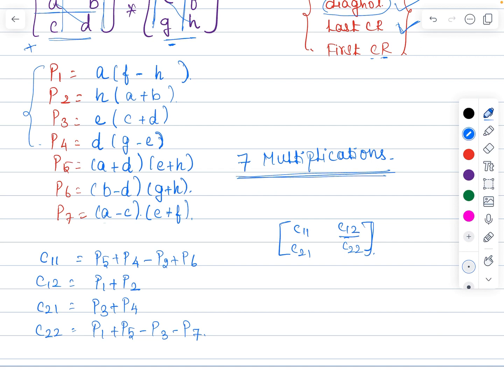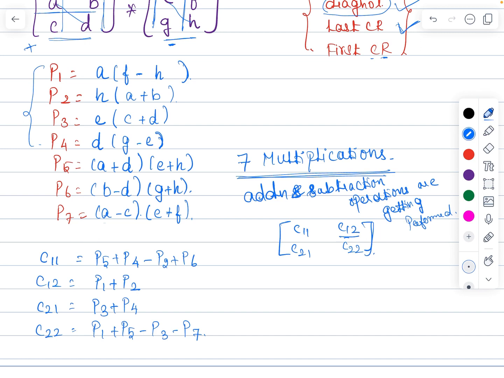When it comes to addition and subtraction, more addition and subtraction operations are getting performed here, but only a lesser number of additions got performed in the traditional matrix multiplication. Comparatively, addition and subtraction take less time than the multiplication operation.